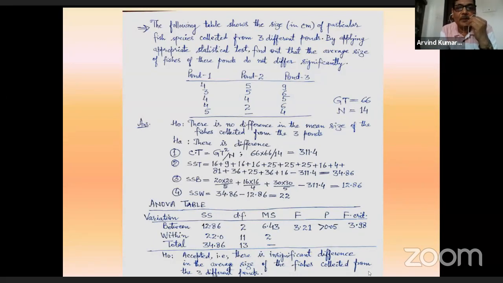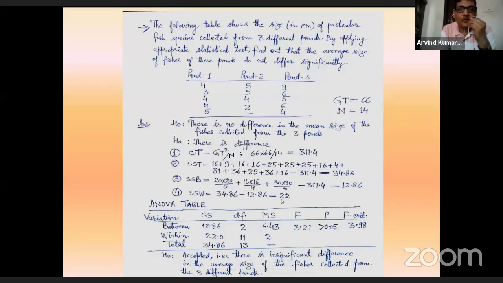When we do this, and finally minus the correction term, we get 12.86. And in the fourth step, we get SSW, that is, the total SST 34.86 minus SSB, and we get the SSW value.